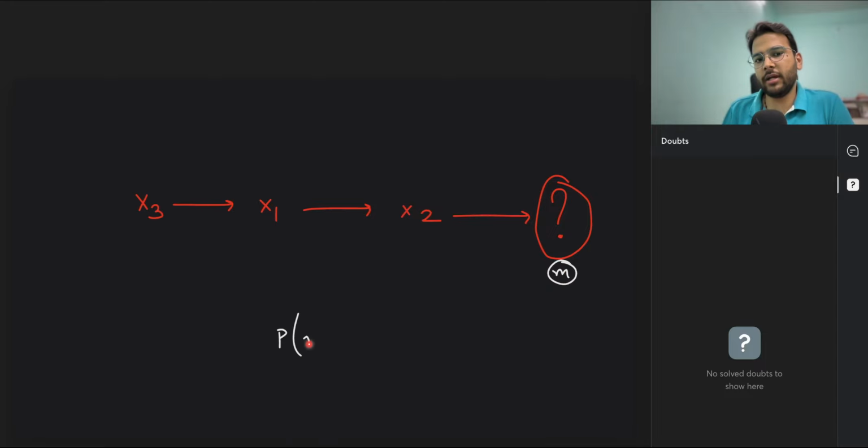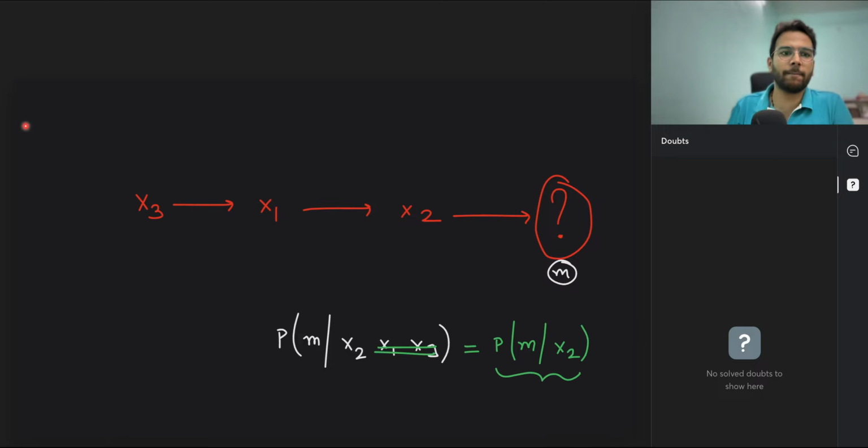Can I say the probability of the next state being m, given that I can write x2 also, x1 also, x0 also? But what the Markov property says is that the earlier ones are irrelevant now. We are just going to consider x2. Do you understand it or not? Is this clear or not?